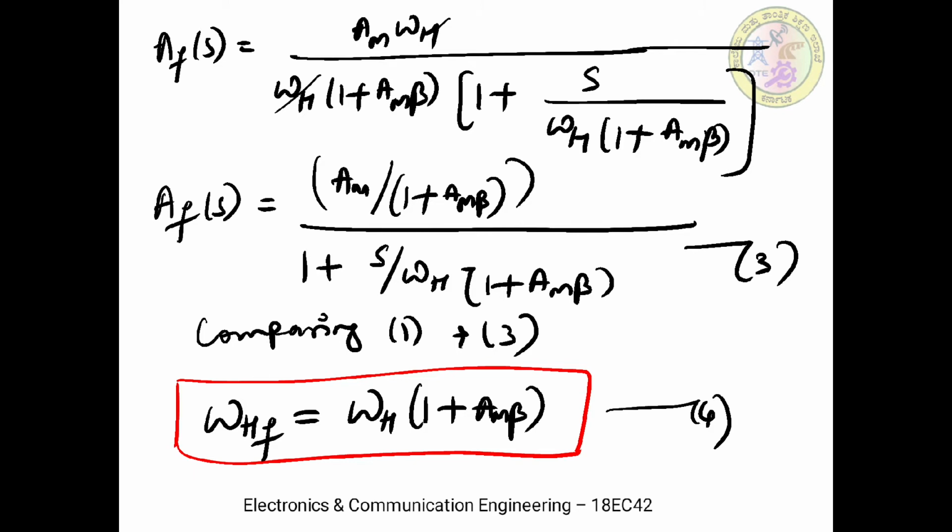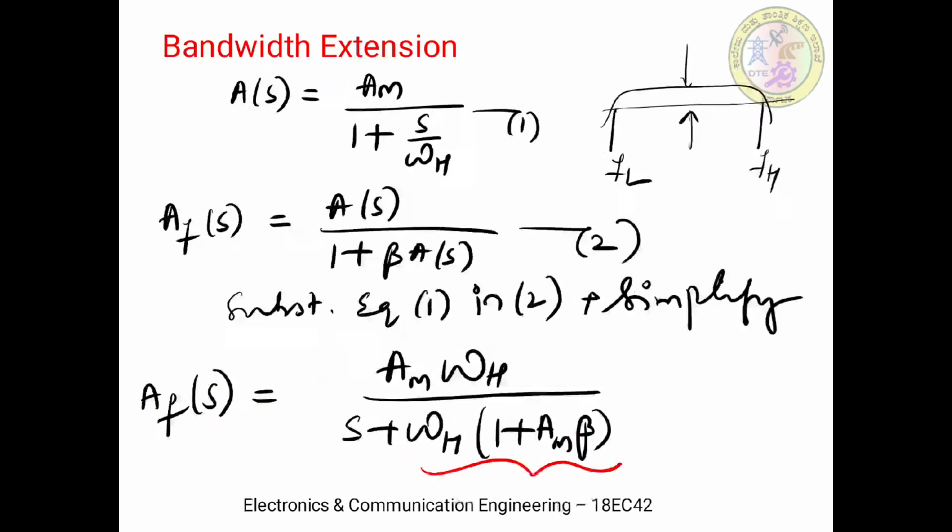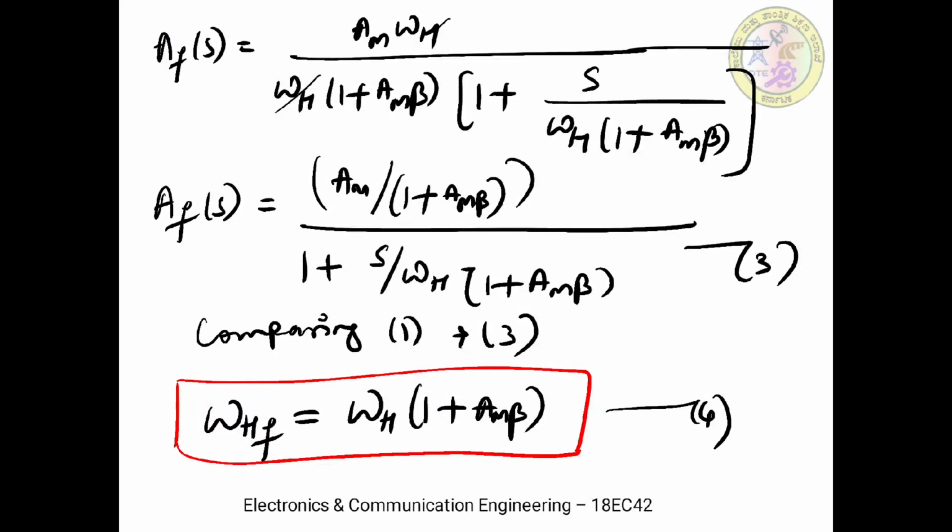Now similarly we'll go to the lower side, that is FL. So what happens to this lower 3 dB frequency? Here also we'll follow the same steps. So first we have to write this A of S, that is the amplifier gain at the lower 3 dB frequency.